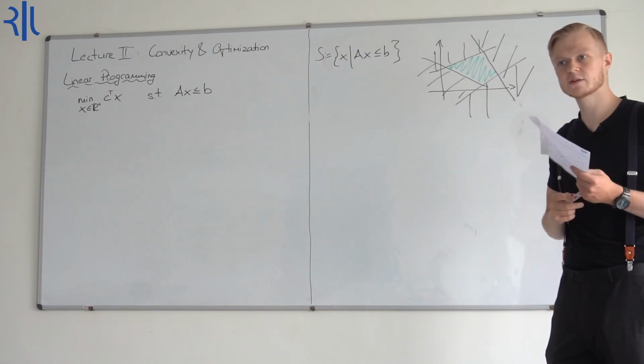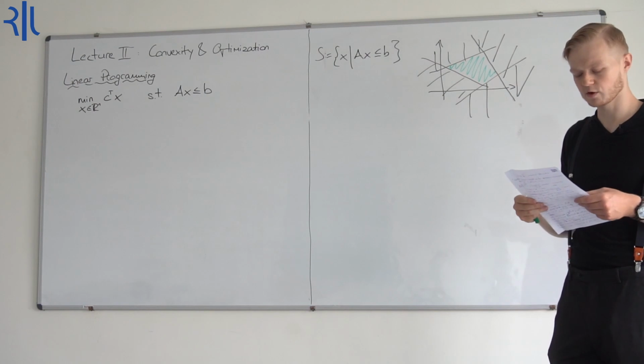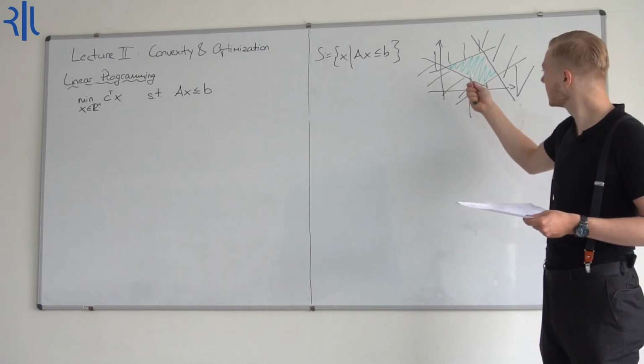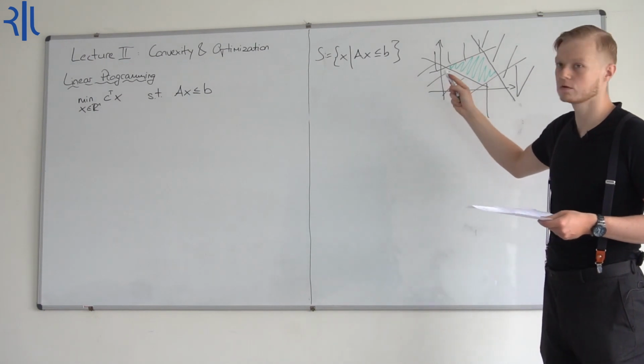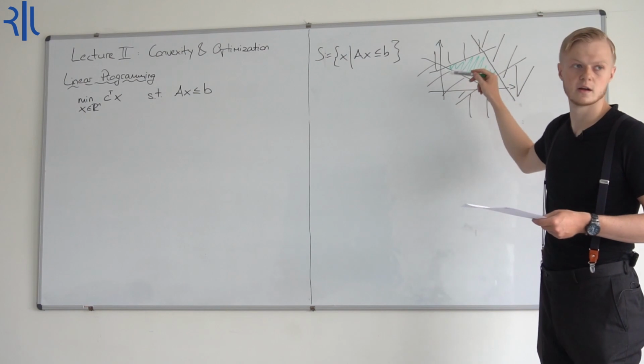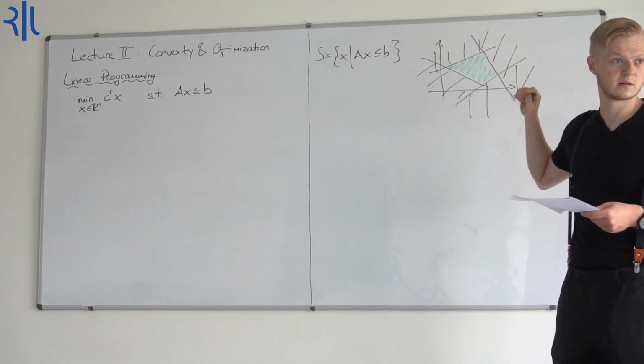The intersection of a bunch of half spaces is what we call a polyhedron. You will show in the homework that the intersection of convex sets is another convex set.